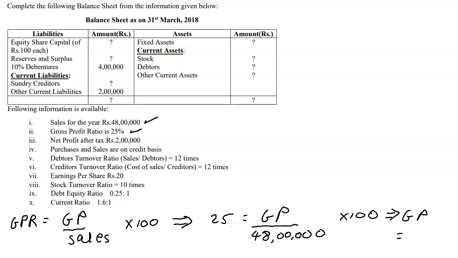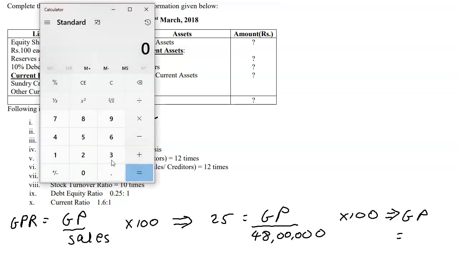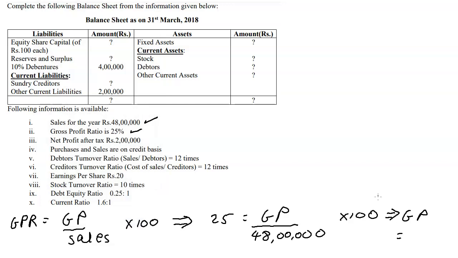When it goes on the other side, it will become division. So we have 25 into 48 lakhs divided by 100. Okay, and based on that, I know that the gross profit was 12 lakhs.